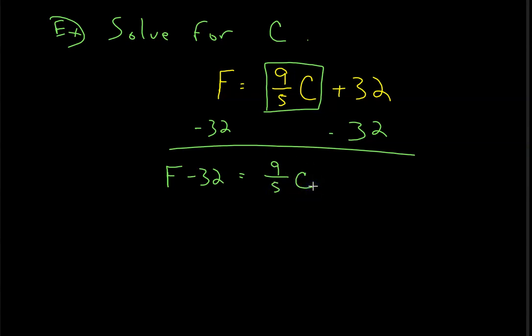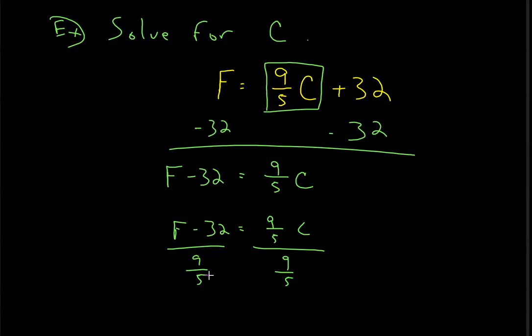Now, to finish this, we'll take the problem that we have, F subtract 32 equals 9/5 C, and I'll divide away the coefficient, 9/5. If you divide by a coefficient like a fraction, it basically means to multiply by the reciprocal.